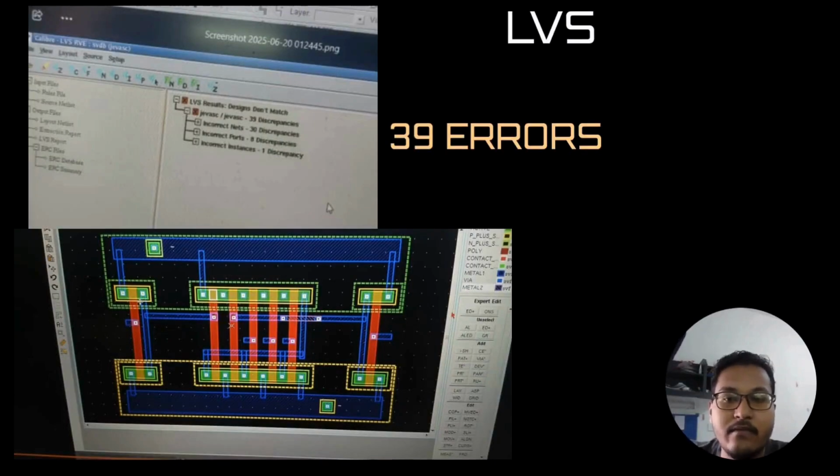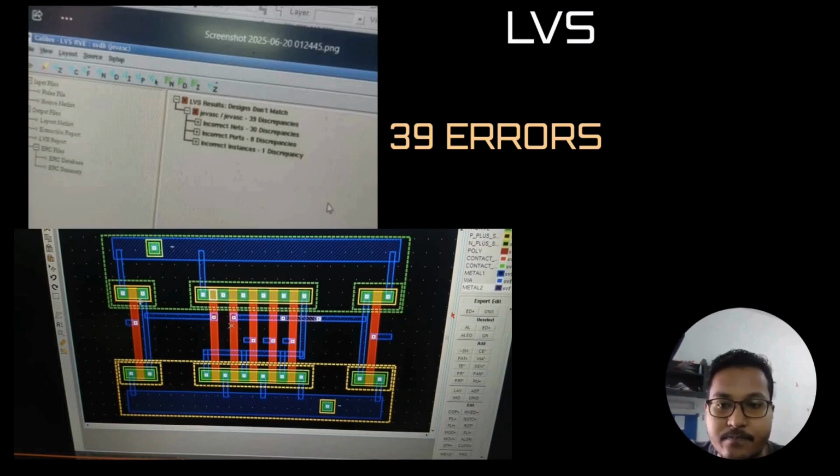After that, we evaluated our layout through LVS, layout versus schematic. Initially, we got hundreds of errors from the LVS. This is because we didn't declare the input ports for each at the poly. So we resolved those issues and successfully reduced the errors to 39.